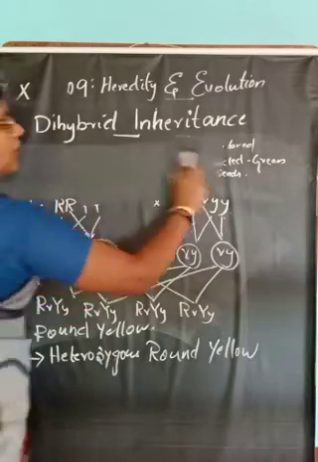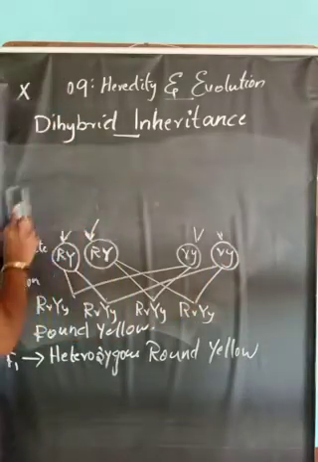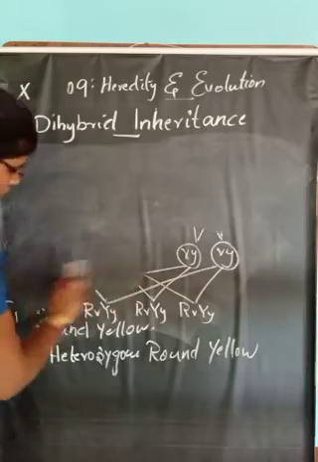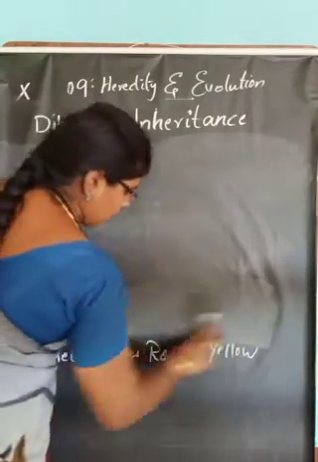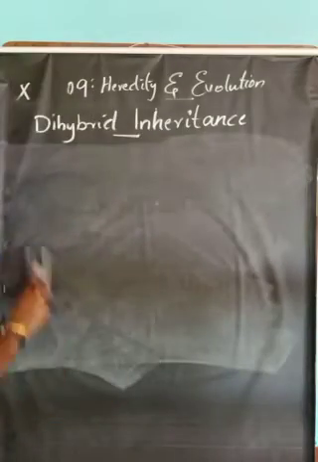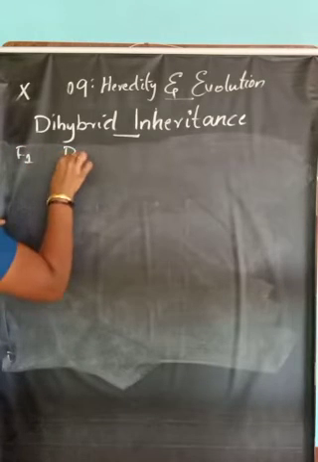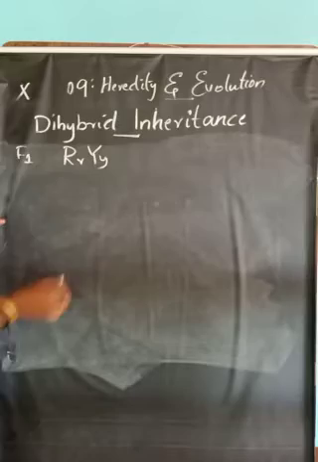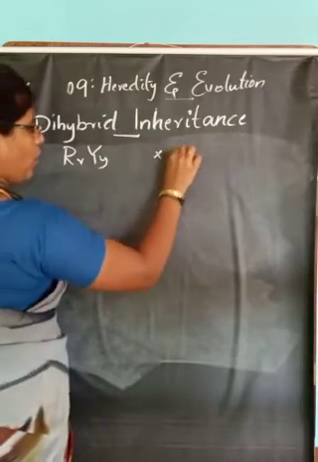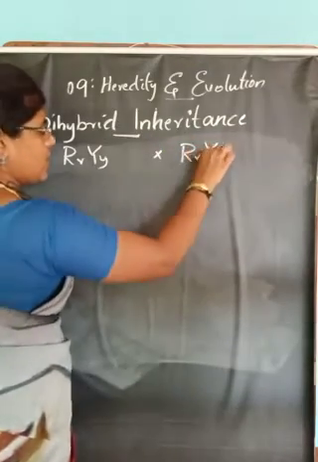After this, we want to self the F1. Our F1 is heterozygous round yellow, crossed with heterozygous round yellow.